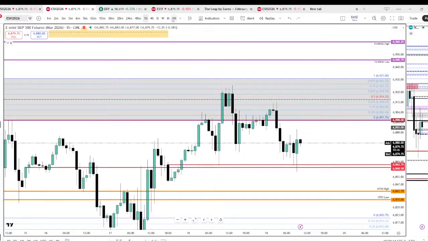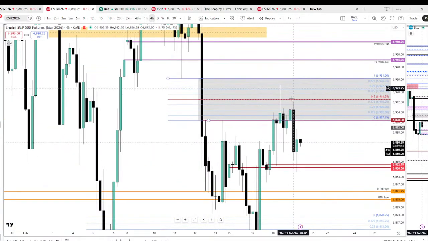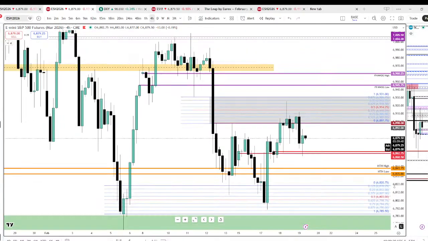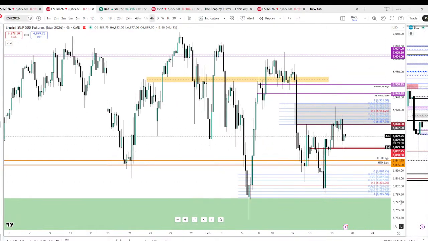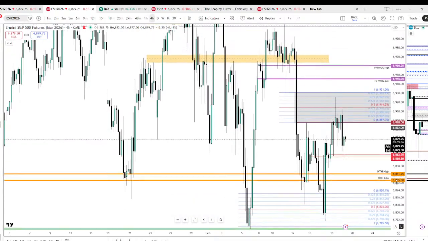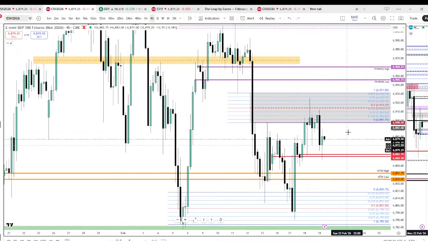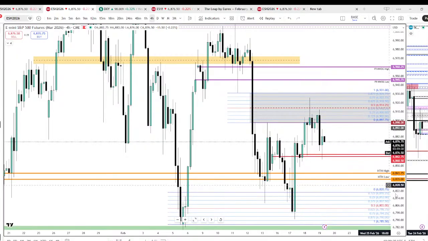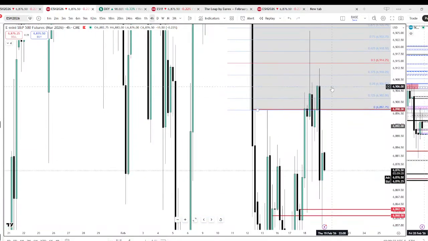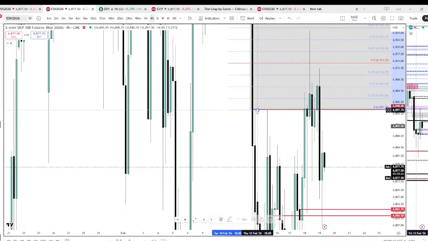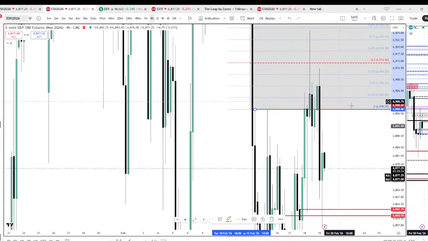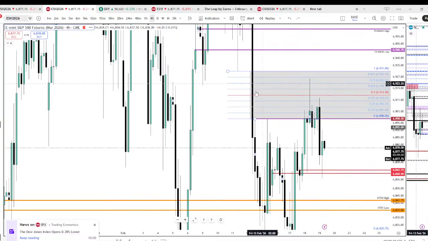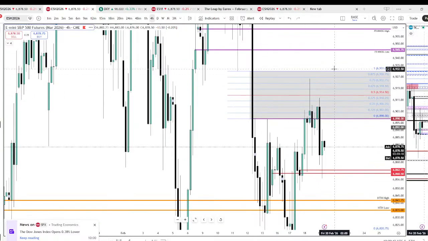So we made it up in that midpoint area in the 4-hour, not quite. So it's showing respect to that lower quadrant. We have the 75% level right here, and it's not looking like it's willing to want to go above.